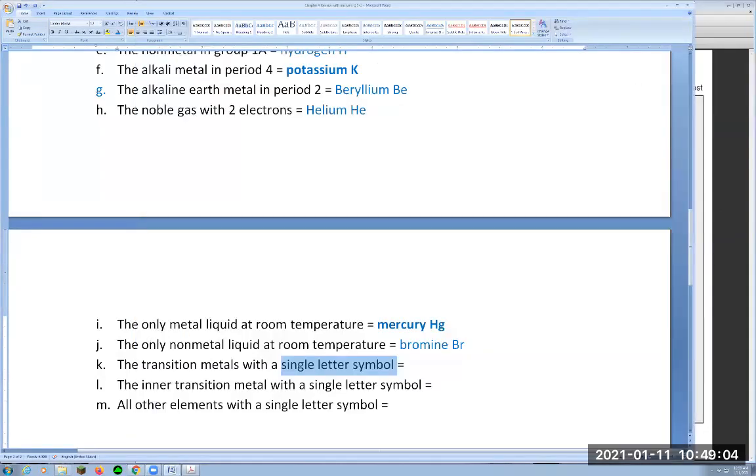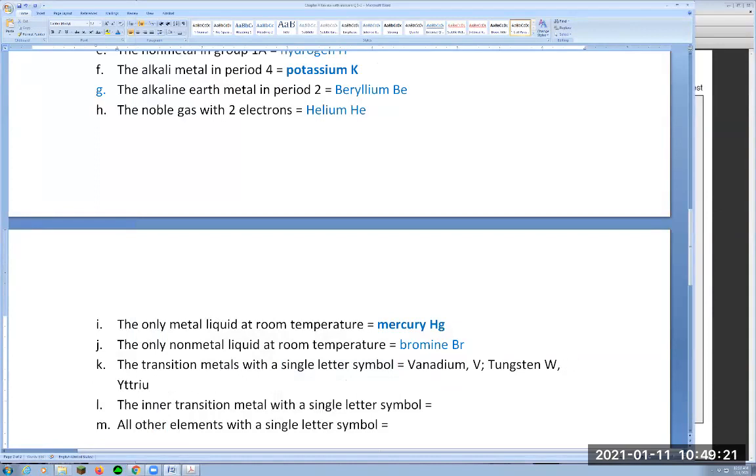So let's write them. Vanadium with letter V. Tungsten, W. And then yttrium with the letter Y. So those are the 3 transition metals with a single letter as a symbol.